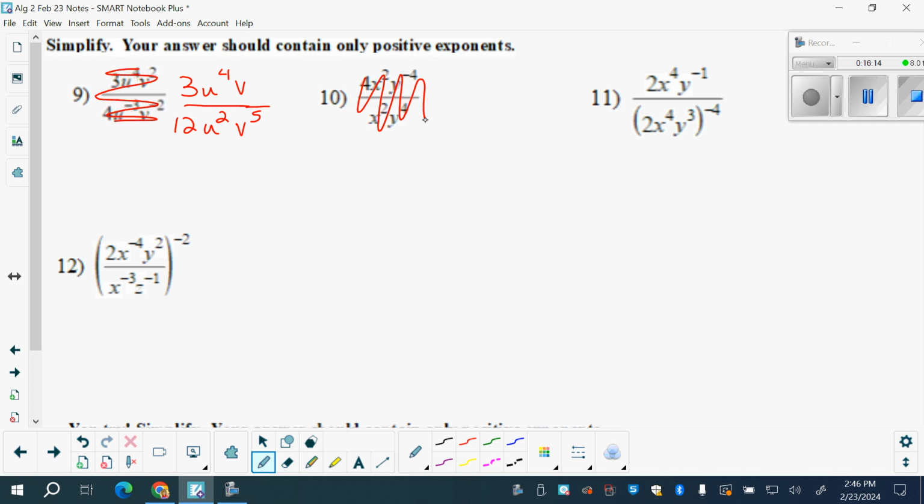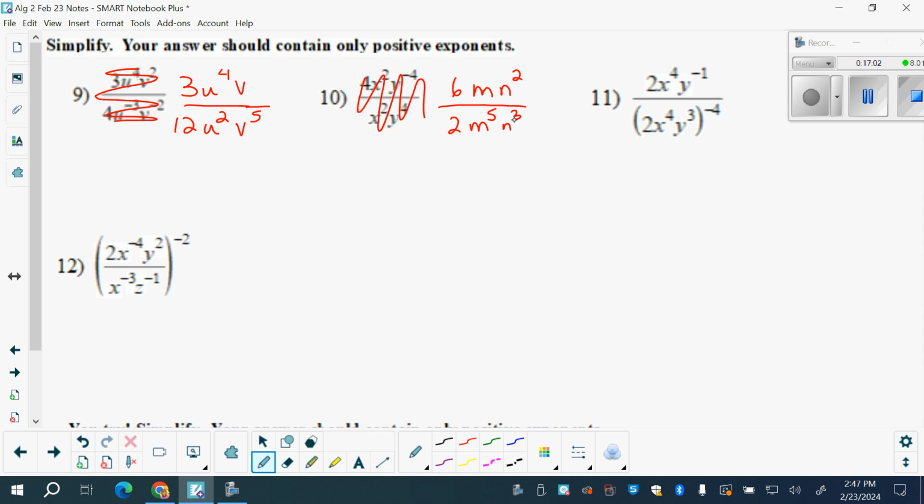And I changed number 9. So if you could rewrite the new one down, I'm going to change number 10 too. Show it to me before you go.